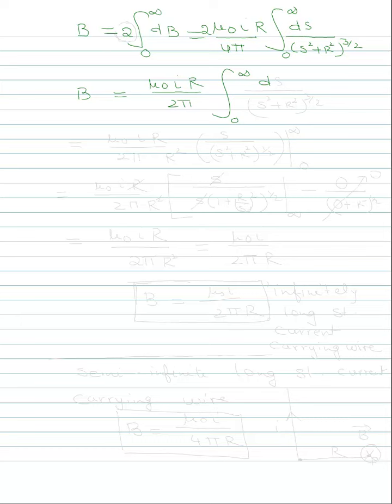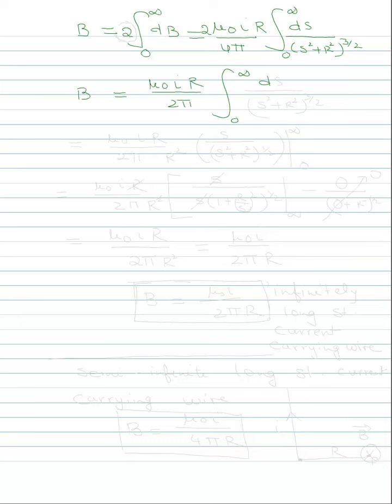To write it as s, pull the s out, and then you can write it as 1 plus r over s whole square to the power half. And then evaluate it at infinity minus, if you like, just this thing evaluated at 0, and you can see if you put s equal to 0, this will become this. By the way, this is s square plus r square to the power half, this to the power half. And of course this is 0.